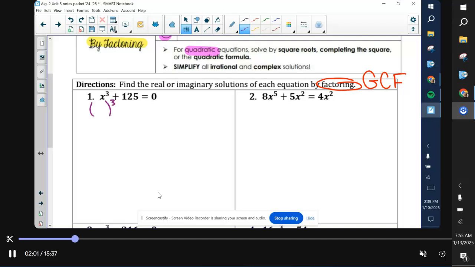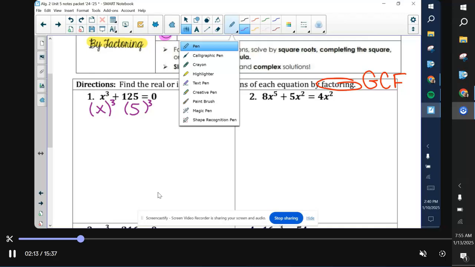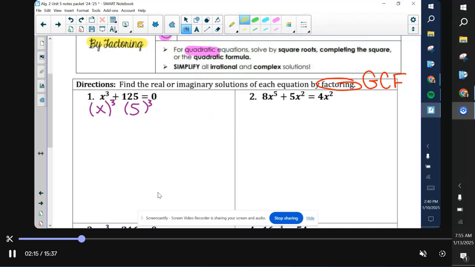Yes. So this x and the 5 are what we use to plug into our sum of cubes formula.